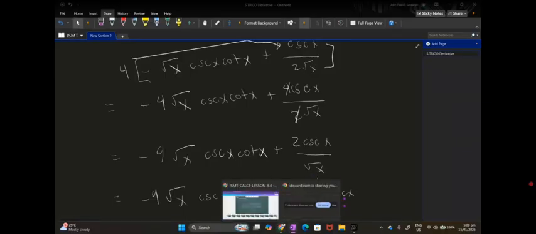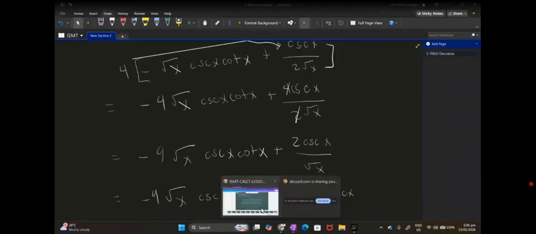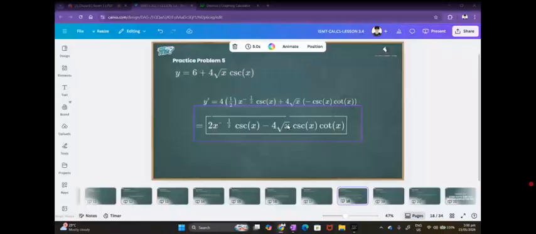So, ayan na yung sagot natin here. Same lang siya. Nauna lang yung ito. Gets ba kung paano nakuha yung derivative?